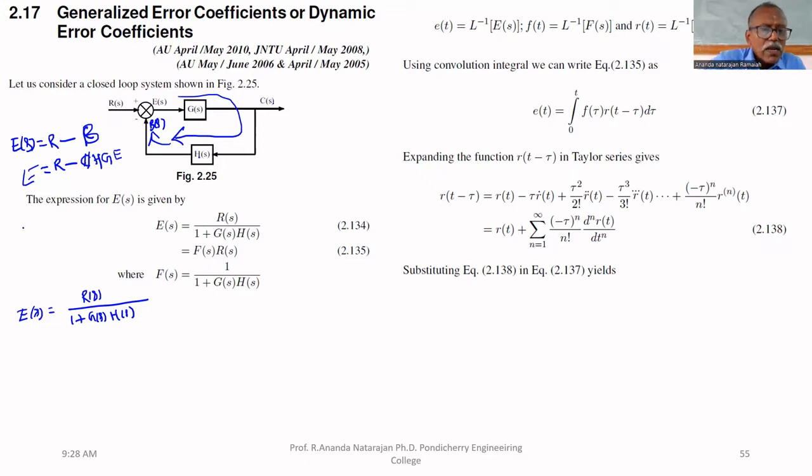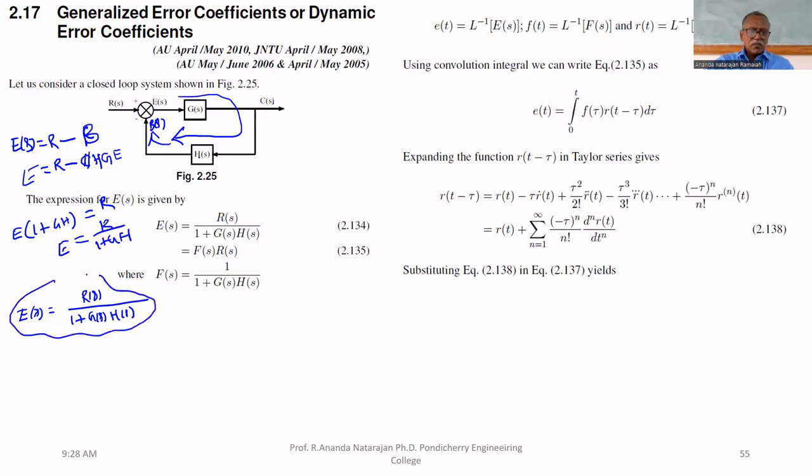Or you can write E times 1 plus GH equals R, or E equals R upon 1 plus GH. That is what we wrote here.